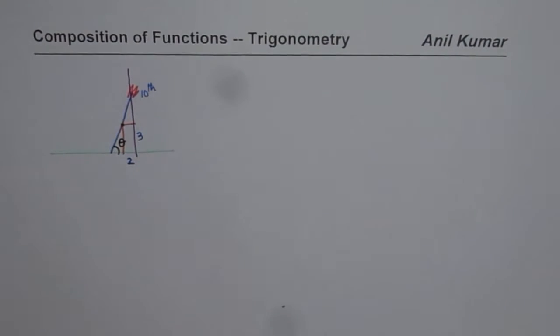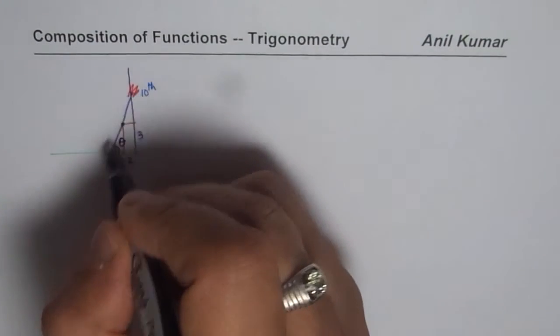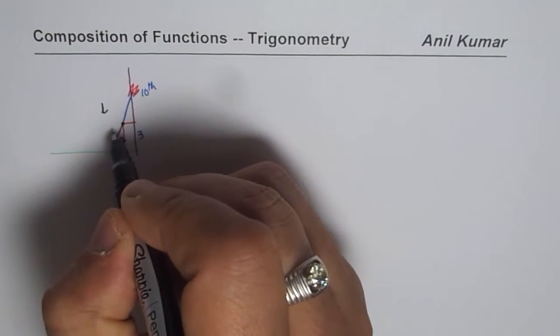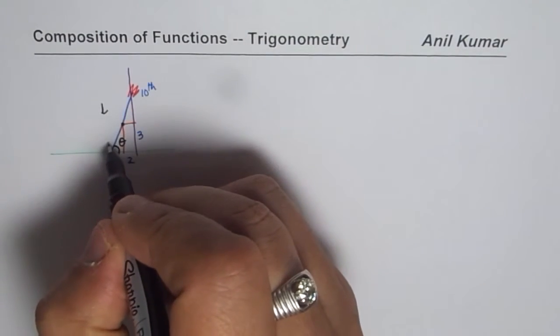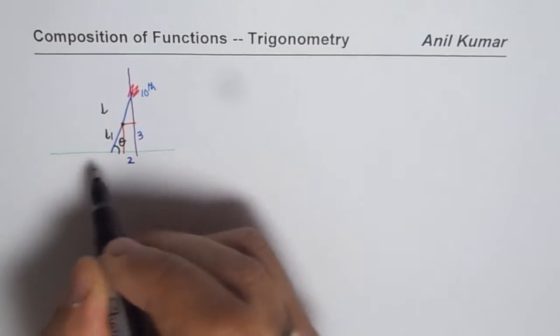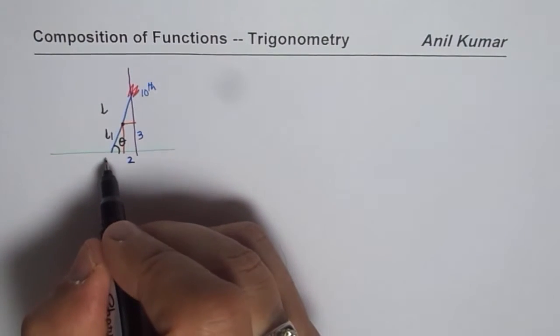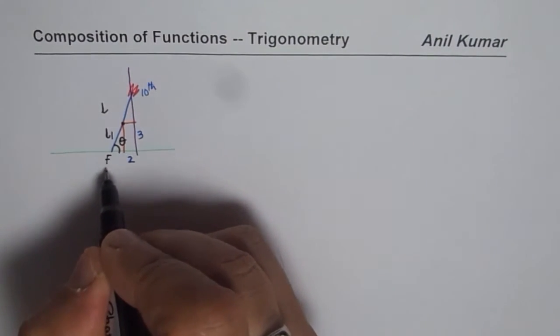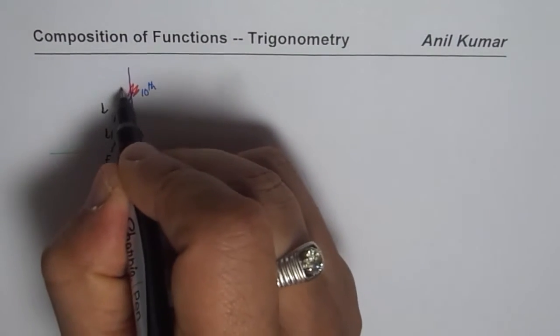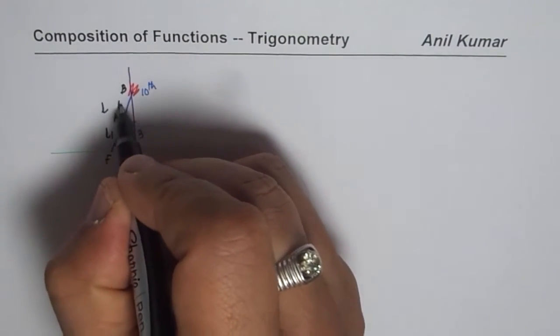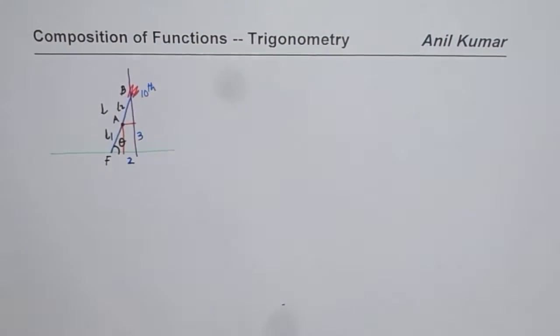In that case, we can write the length of the ladder. We can split this length into 2 parts. Let's say L1 is this part from the foot on the floor to point A, and L2 be the length between A and B.